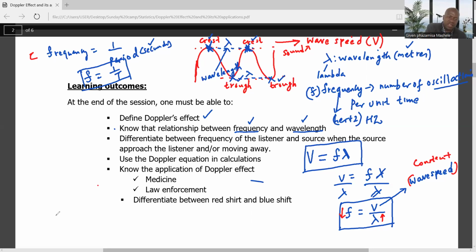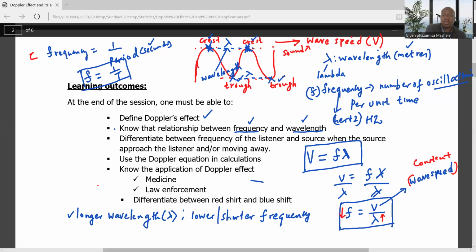The longer the wavelength, lambda, the lower the frequency.